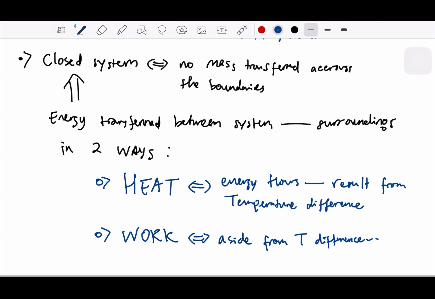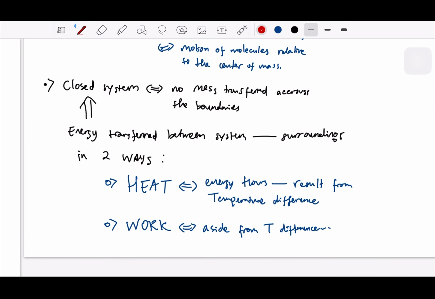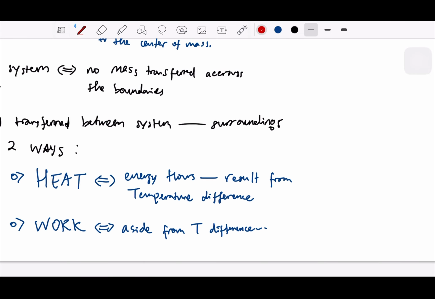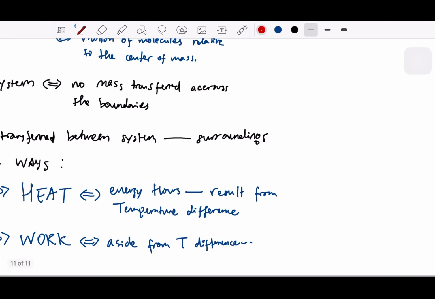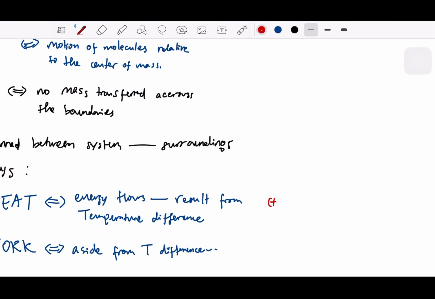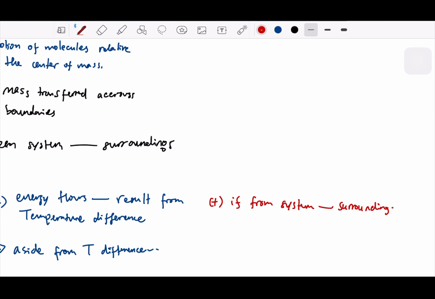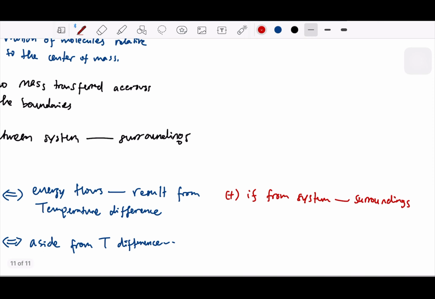And the conclusion, or the important point here, let me write maybe here. Heat. We can write heat positive, okay, if from system to surroundings. And negative if it is from surroundings to the system.